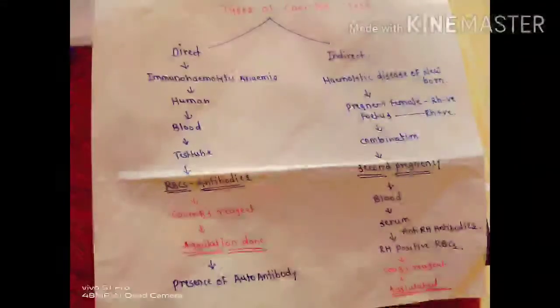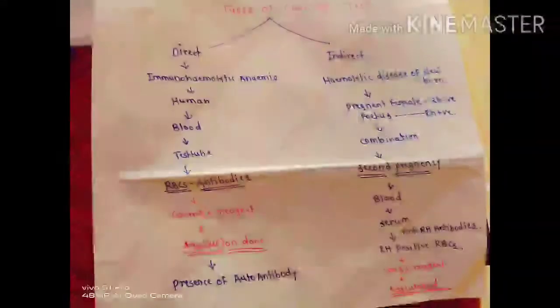In the second pregnancy, we take blood from this female and separate the serum, in which this mother has anti-Rh antibodies.